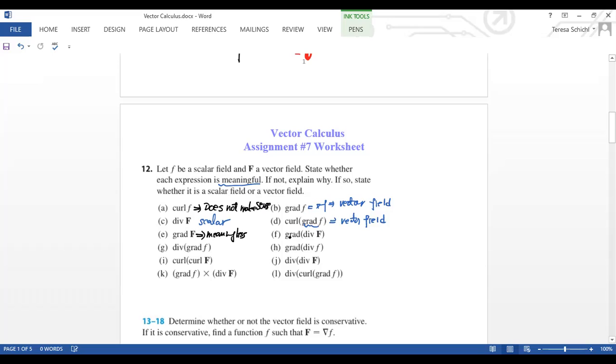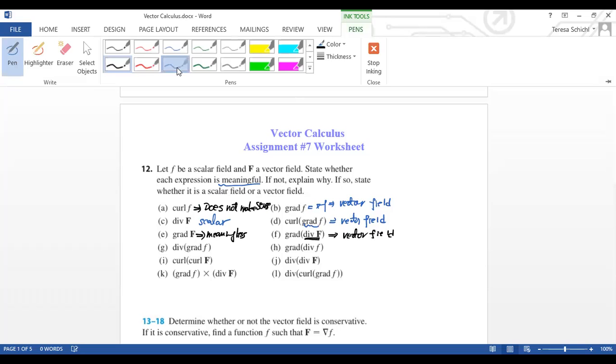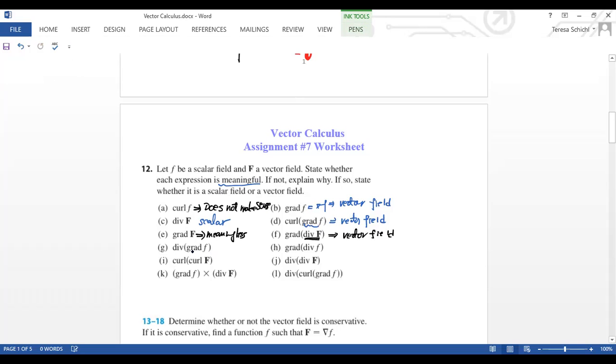Right? So how about the gradient of the divergence of F? The divergence is a scalar, then you take the gradient. So that's good, and this is a vector field. Then the divergence of the gradient field: can I have that? Yes, and it turns out to be a scalar. Gradient of the divergence of f: can I have that?